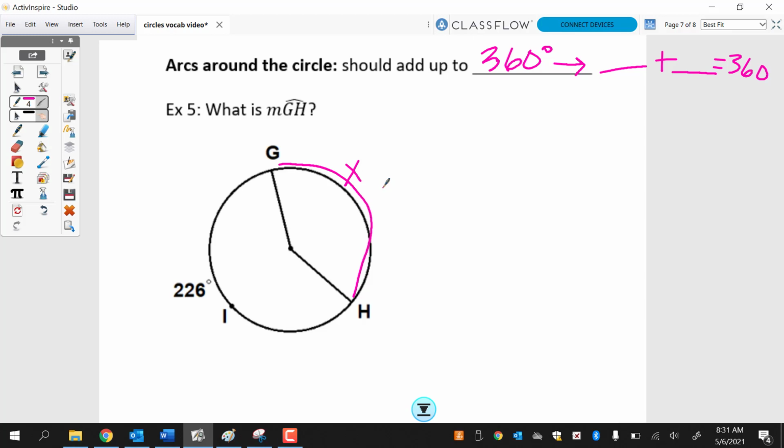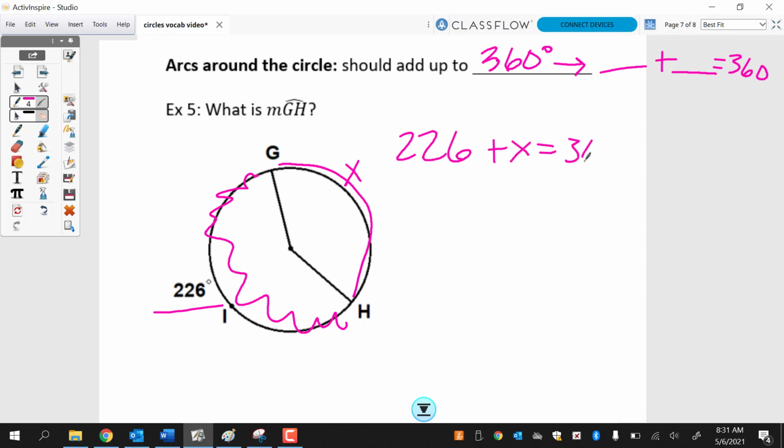Now I see the other information they told me was that this side of the circle was 226. So if they're supposed to add up to 360, let's write that equation. Because these two parts make up the entire circle, which would be 360. So we have 226 plus X equals 360. We know to solve this, we're just subtracting.